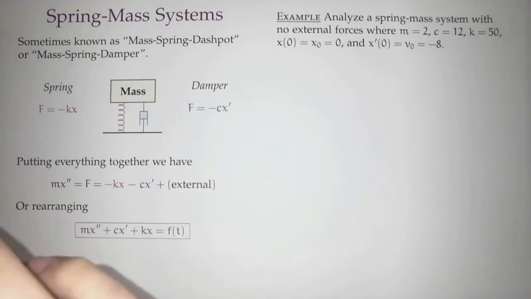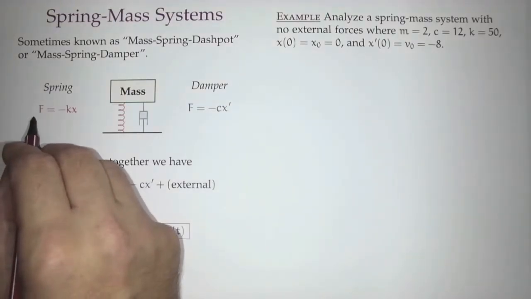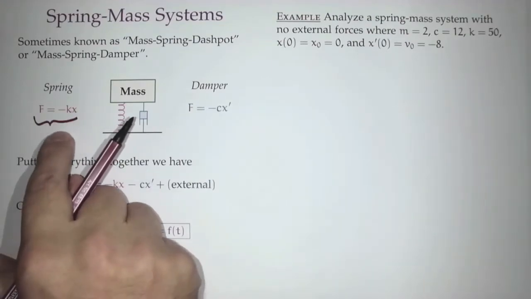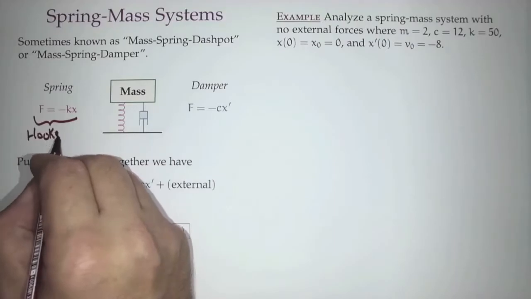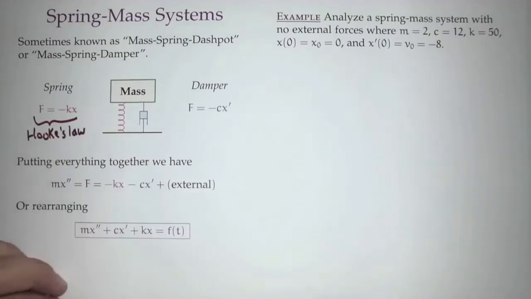Now, how does this work? Well, it turns out it's not too bad. So for a spring, this is something we talked about on day 1. Do you know what this is called? Hooke's law. Hooke's law says the farther you pull a spring, the more it wants to return to where you started.